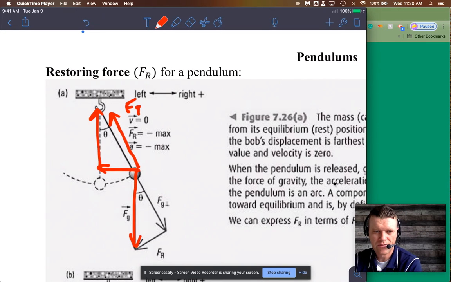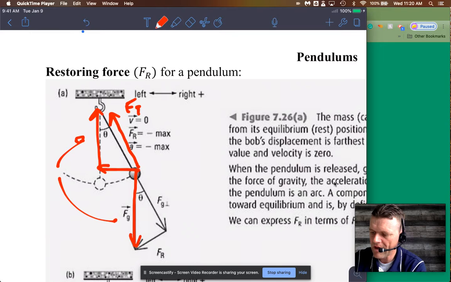Just the force of tension. And what's really cool is the vertical component of tension has to match gravity. So this force here and that force have to be the same still. So that's why there's more tension, because now we have to have it on a horizontal level. The tension actually is going to go up, but the vertical component has to stay the same.